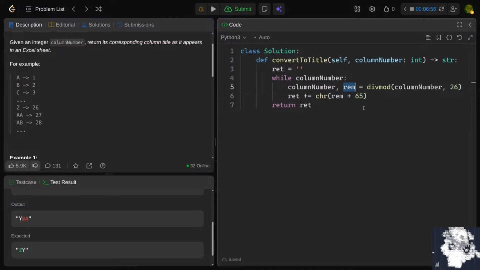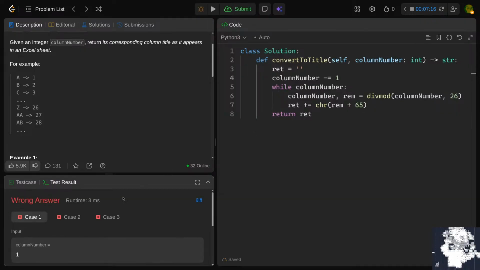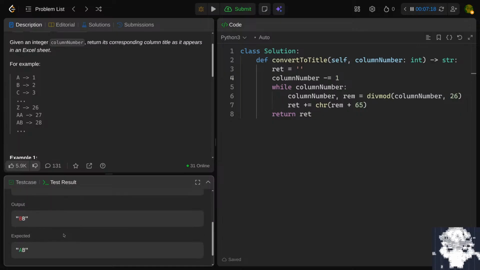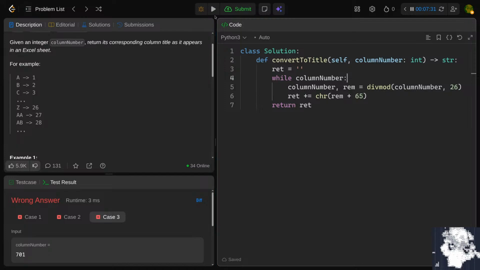You need to make sure that rem can be a number between 0 and 25. So I guess I do think you just subtract 1 before you start. It's just that when you do that, well, I'm getting the wrong answer for these also. I'm off by 1 in the most annoying way.